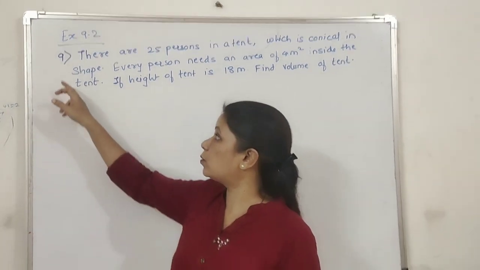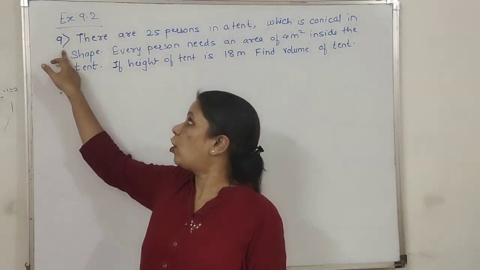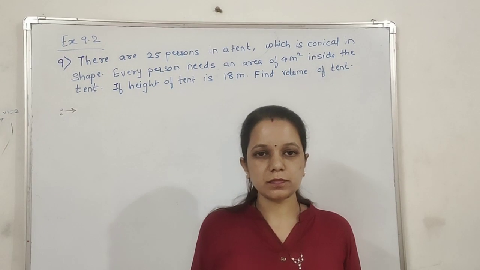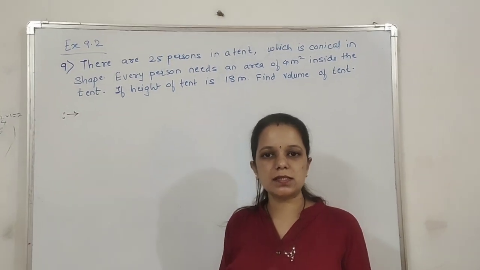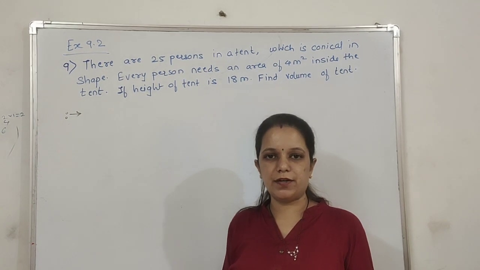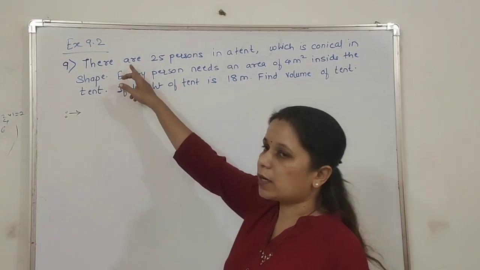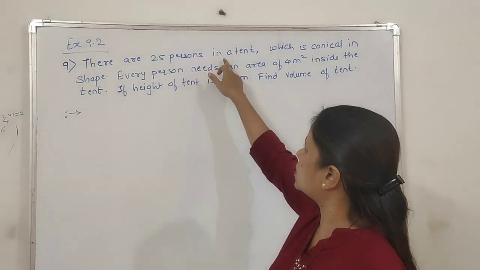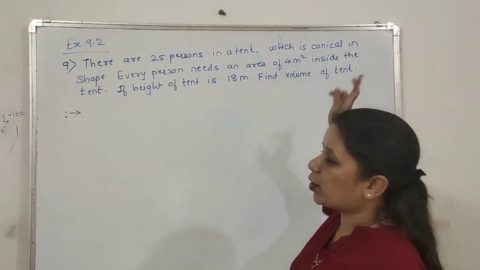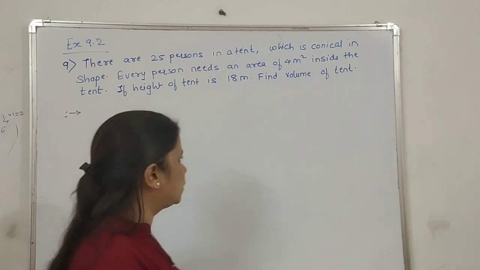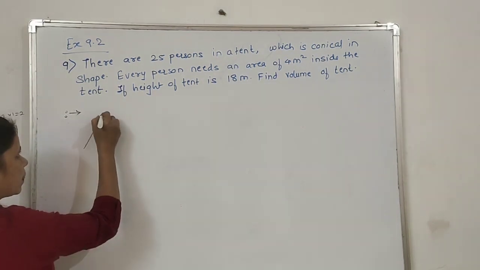Now we will go to example 9 of exercise 9.2. A bit different example. We are using the same formulas, but the example is given a bit differently. There are 25 persons in a tent which is conical in shape. So the tent is like this.